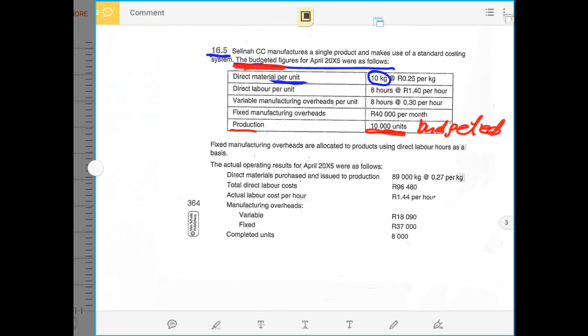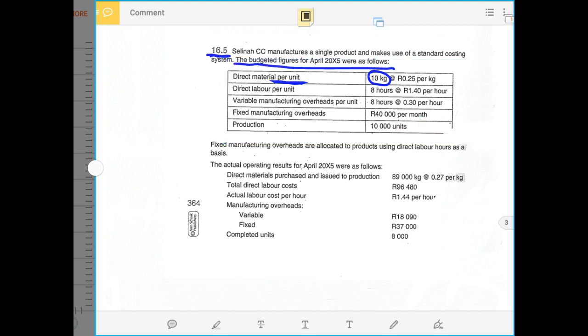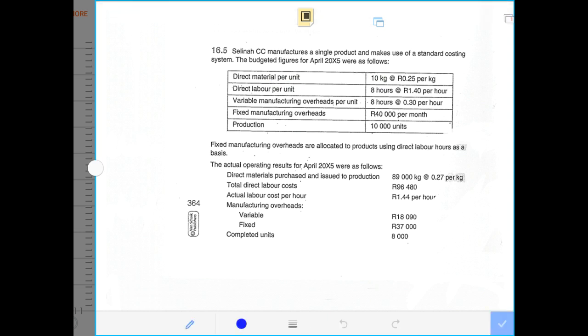So now we proceed on that same note. Remember, all this information was budgeted information. From here, we are no longer dealing with the budgeted information, but we are now under the next part of the information. It says fixed overhead are allocated to products using direct labor hours as the basis.